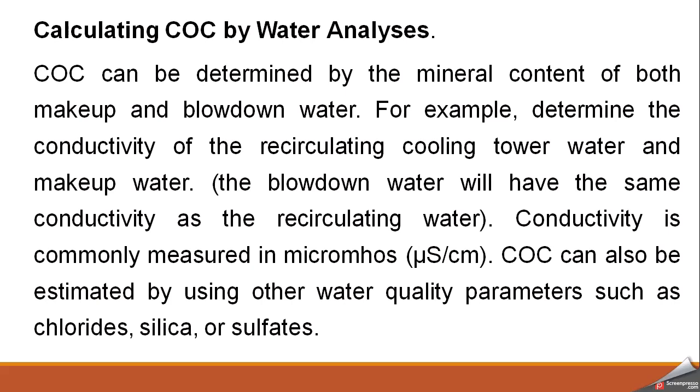So conductivity is commonly measured in micromhos or microsiemens per centimeter, and COC can also be estimated by using other quality parameters such as chlorides, silica or sulfates. It means that instead of using conductivity for the calculation of COC, we can use chloride, sulfate or silica or some other salts to determine the COC.